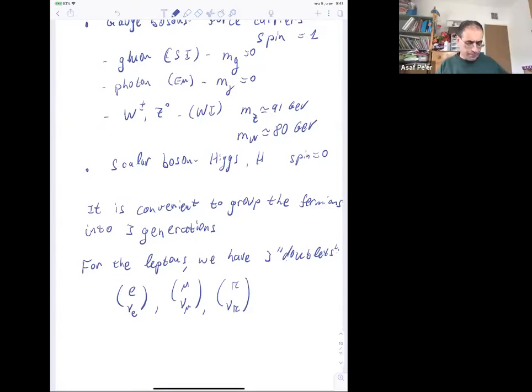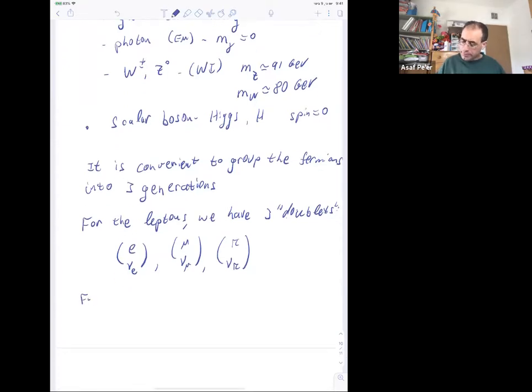And for the quarks, we have the doublet, which consists of 1 up-type quark and 1 down-type quark. Right. So again, here we have a charge -1, and here we have a charge of 0. Right.